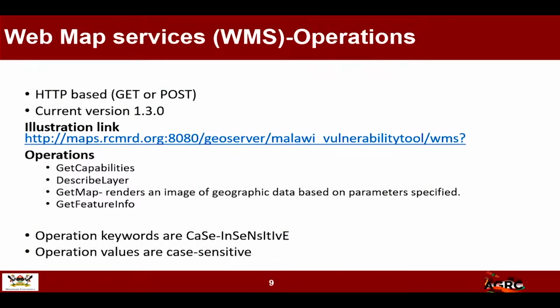Now, I told you the first operation is GetCapabilities, so that you can know the capabilities of the server. Then it's possible to describe a particular layer, so it tells you information about the layer. And then, once we know about the layer, we can pick the appropriate layer and ask it to bring us that layer, so long as we specify the appropriate parameters.